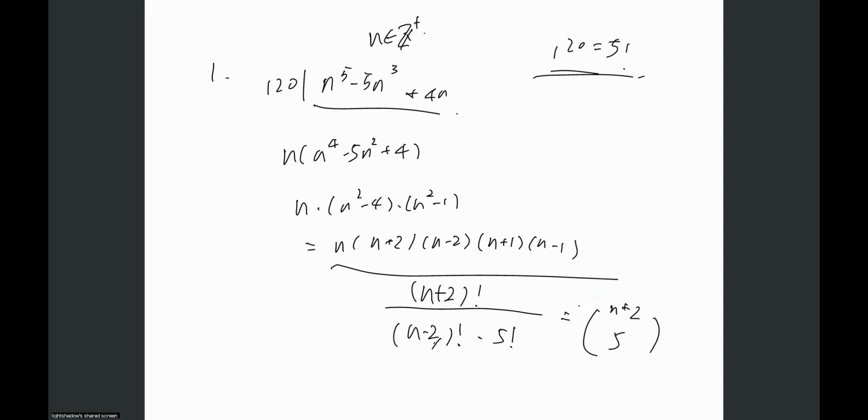As we all know, the combinatorial number is an integer. So this is an integer when divided by 120. Yeah, this is a better explanation.